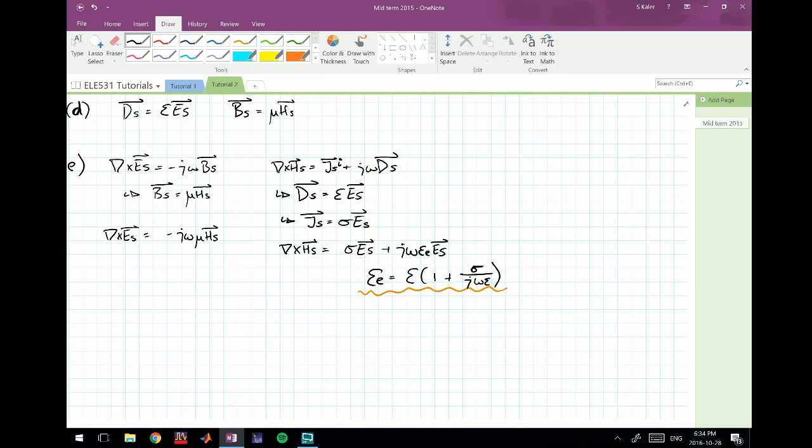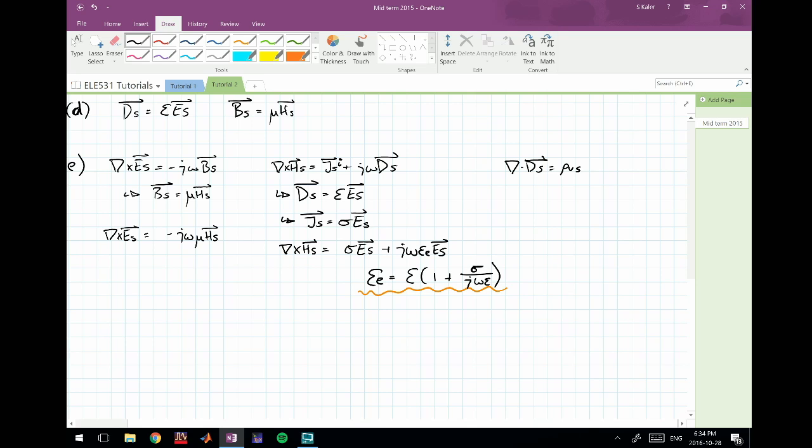So now, the other equations are simple because I have this divergence of Ds equals rho vs. And so essentially all we do here is we look at the question. Question says it's charge free. So that tells us what? Anybody?